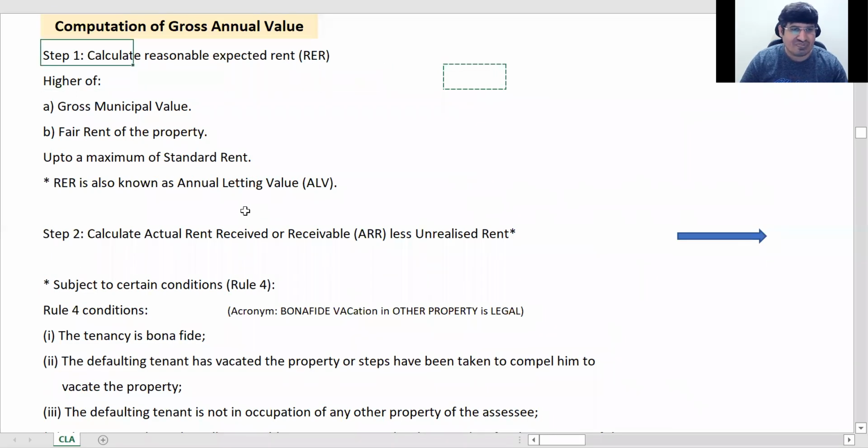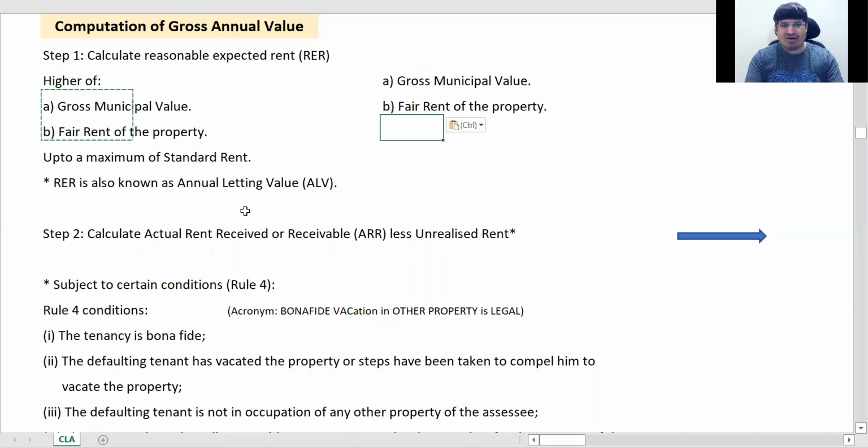ठीक है. So theoretically, technically, it is stated like this: higher of these two up to a maximum of standard rent. What you will do is take these two. Okay, find higher. You get higher here. Then take standard rent, put it here just as it is.